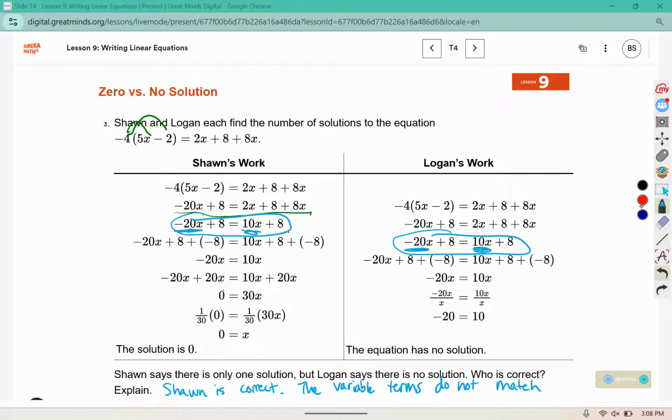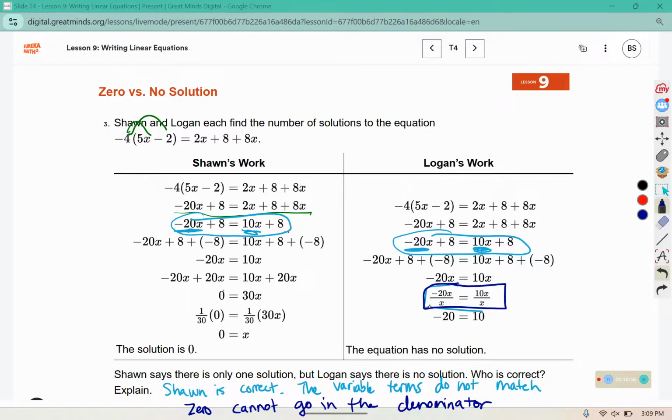Now the reason that this doesn't work is because if x was 0, you can't put x in the denominator. If you tried to divide by 0 on your calculator, you would get an error message. We'll learn later why that's the case. When we're talking about slopes, that gives us an undefined slope.